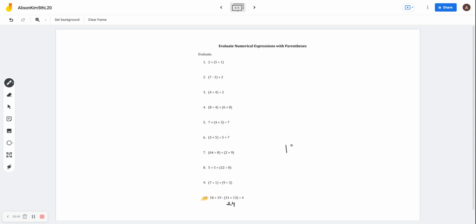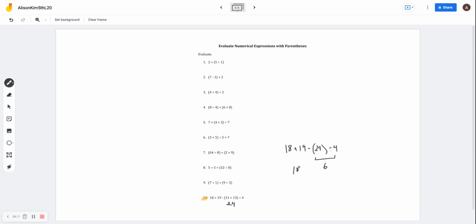It's 18 plus 19 minus 24 divided by 4. In this case, we still have a division left, which comes before addition, so that's what we're going to simplify first. 24 divided by 4 gives us 6. So I'm going to write that down, and then rewrite the equation.